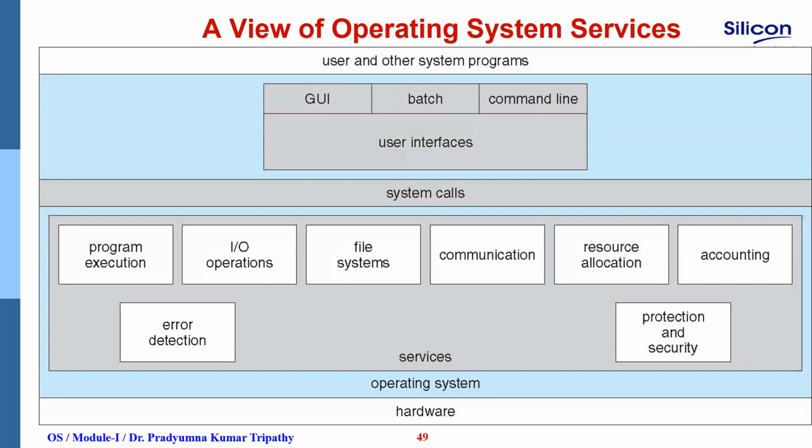There are many services actually available. So user interfaces should avail the services of the operating system. So services are one layer over here. So the user interfaces will avail the services, but in between that we have some system calls. So user interfaces use the system calls to avail the services of the operating system.